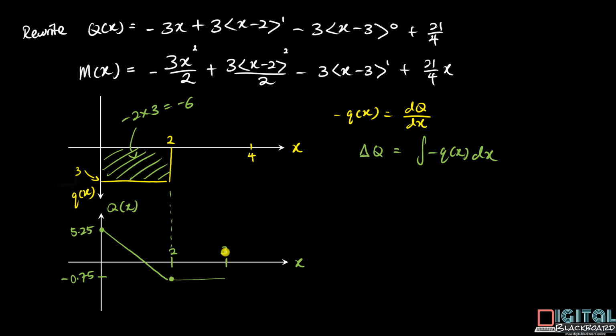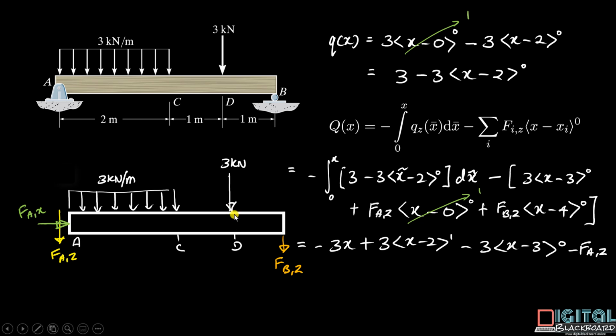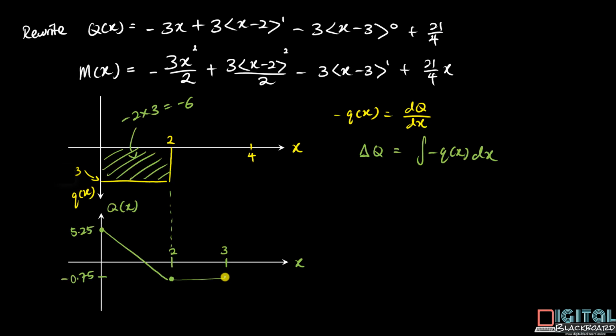This goes on all the way until x equal to 3, when you realize that there is a concentrated loading of 3 kN in the positive z direction. So on the shear force diagram, it is supposed to be a negative drop by 3 units. So this is minus 3.75.